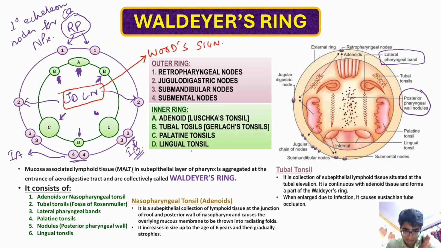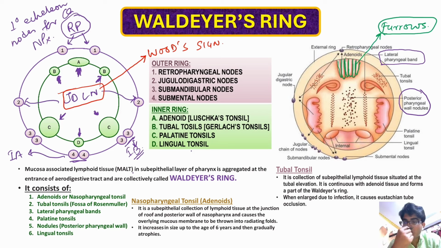Now, the adenoids are a superficial subepithelial collection of lymphoid tissue at the junction of the roof and the posterior wall of the nasopharynx, as I have already said, but they cause the overlying mucous membrane to be thrown into radiating folds, and they make up the furrows on the superficial surface of this adenoid tissue.